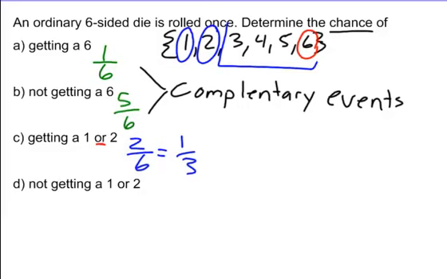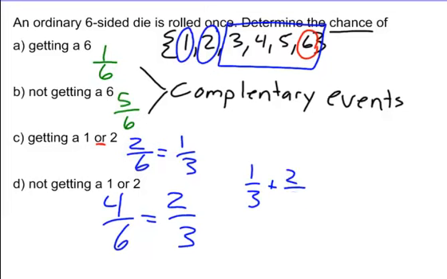It's the opposite, the whole rest of the set, where I have 4 out of 6 chances of not getting a 1 or a 2, which is equal to 2/3. So I have a 2/3 chance of not getting a 1 or 2, and a 1/3 chance of getting a 1 or a 2. If you add those together, that's how you can figure out if they're complementary events. They should add up to 1.